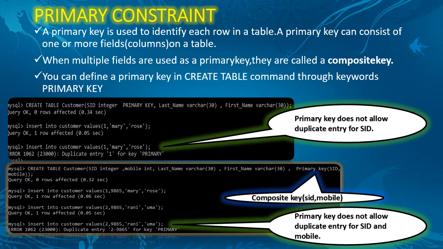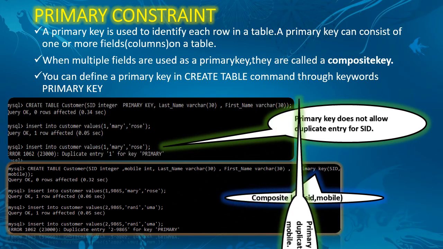When I attempt both existing values, SID 2 already existing and mobile value 9865 already existing, it says duplicate entry. So for a composite key, only when you give duplicate values for all the columns will the error message be raised.